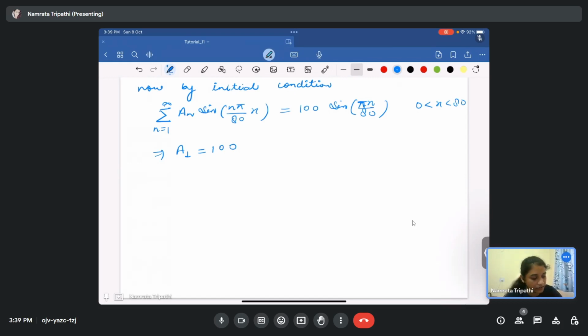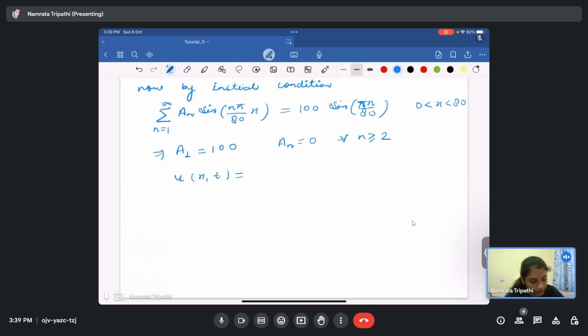So we can write a1 equals 100 and an equals 0 for all n greater than or equal to 2. Fine. Or you can calculate an with the help of the Fourier coefficient formula with integration.